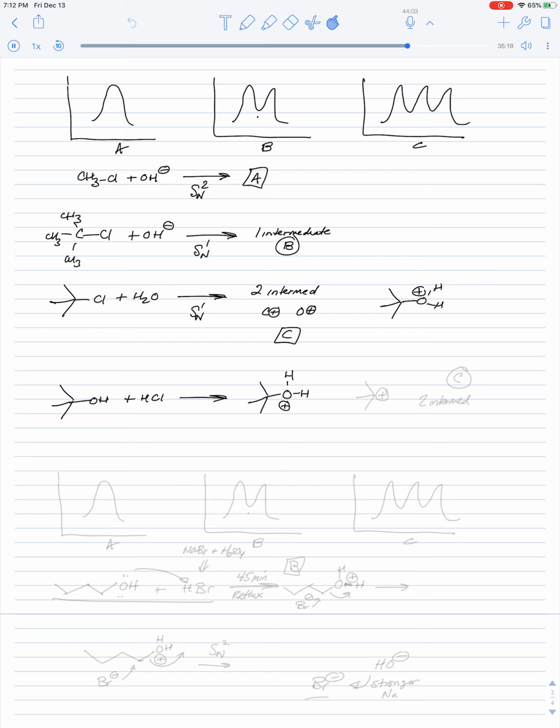An OR group has to be converted to an alcohol before it will leave. So that would be the first intermediate. Then what would happen next? The water would leave, and I'd end up with a carbocation. So that one would be C as well. That one has two intermediates.